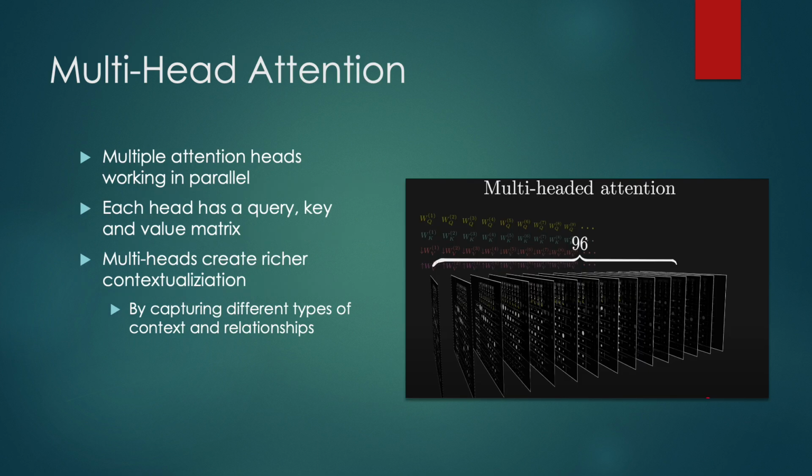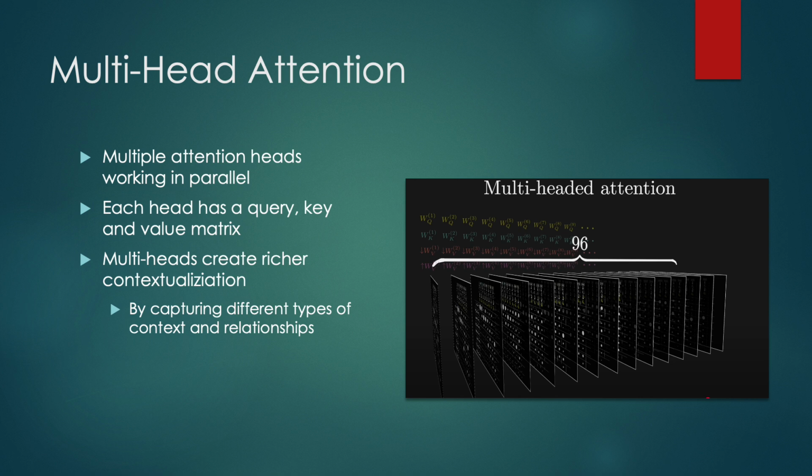Multi-head attention. Each head has a query, key, and value matrix. So here in the image you see on the right from his video, this block actually contains 96 attention heads, and they are all working in parallel with each other. And each head has a query, a key, and a value matrix.